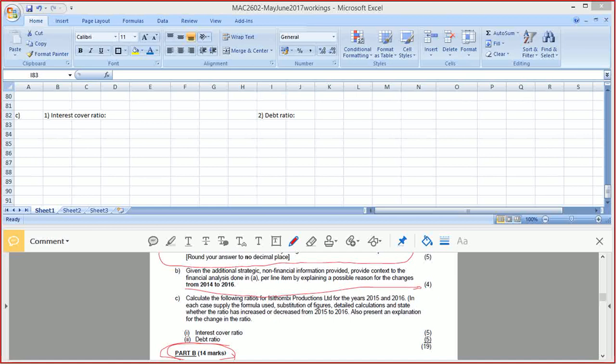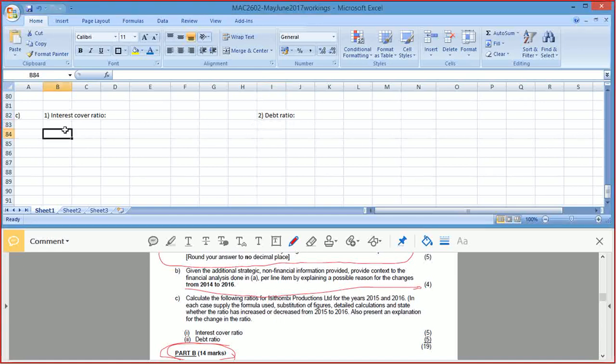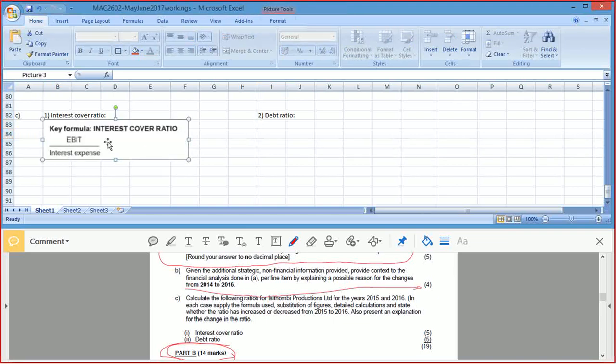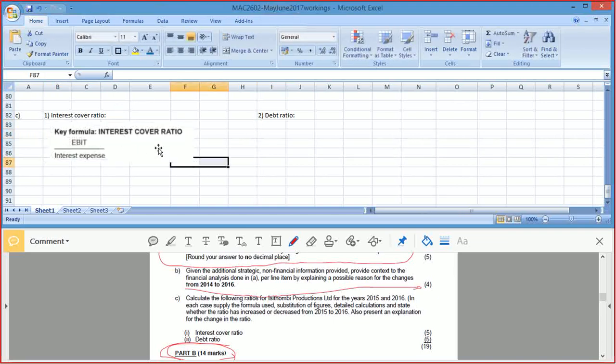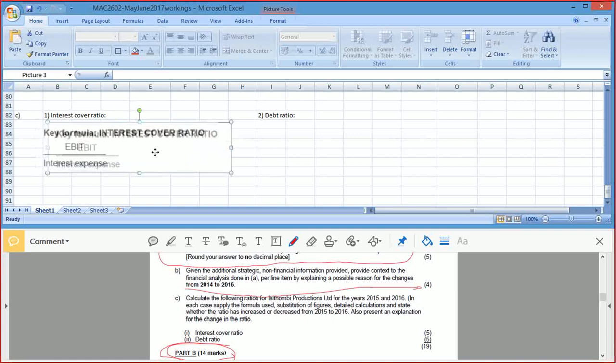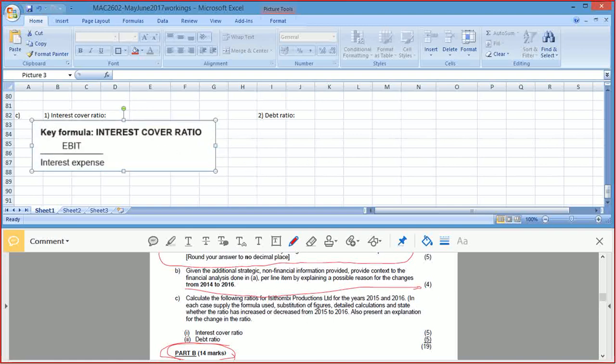Interest cover. Okay, there's the formula. That's the interest cover formula. Debt ratio.